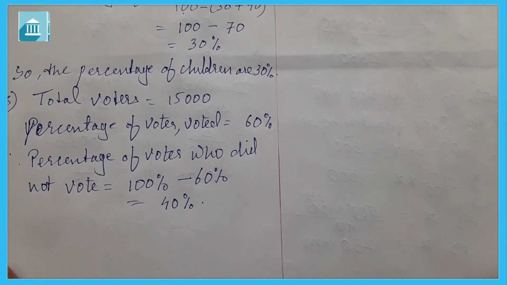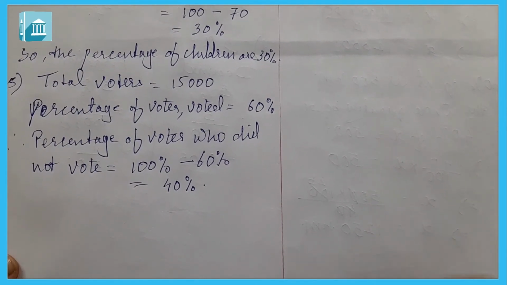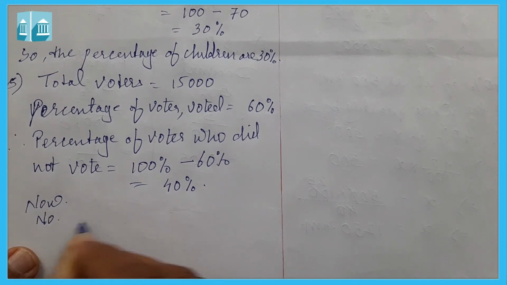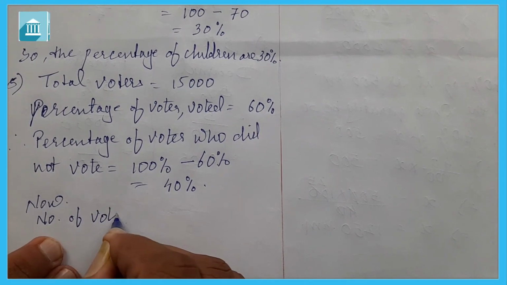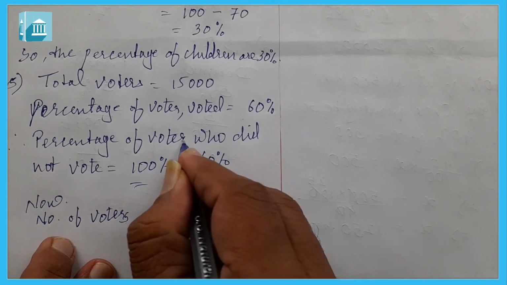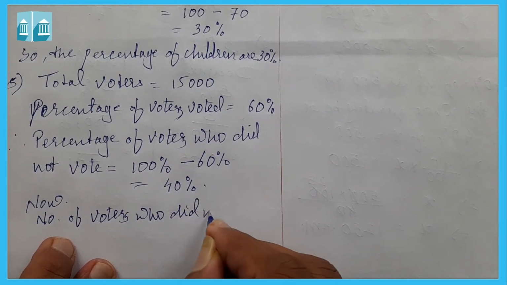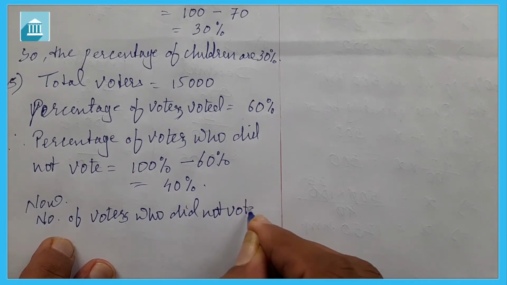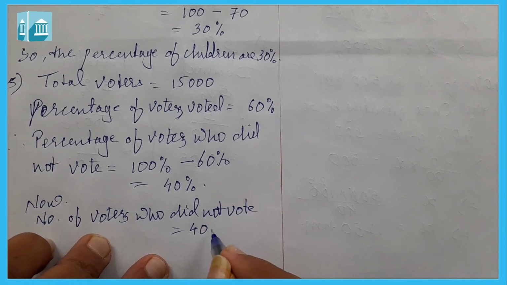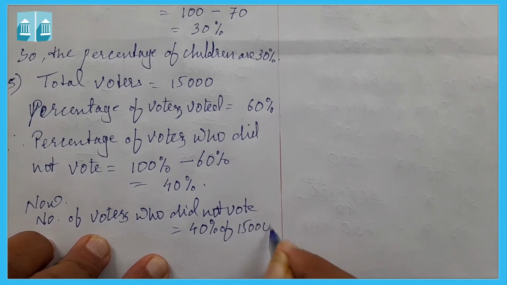Now can you find how many actually did not vote? So we can say that number of voters, now this we have to find out. Now we have to find out the total number of voters who did not vote is equal to 40% of 15,000.